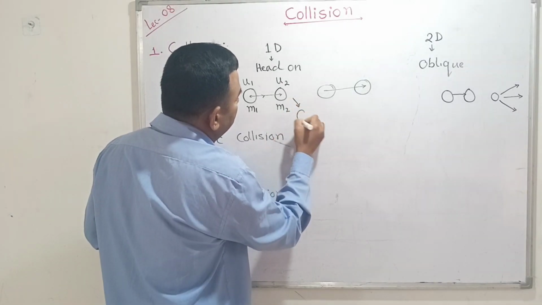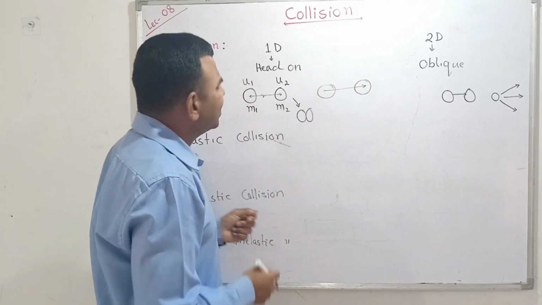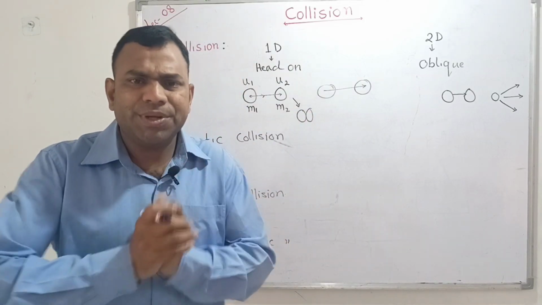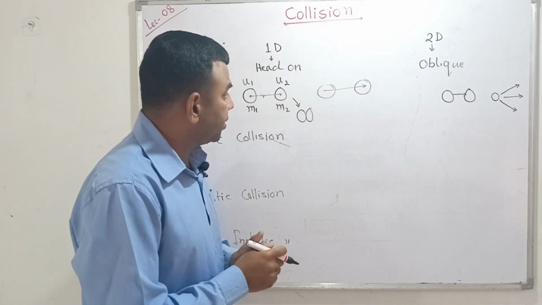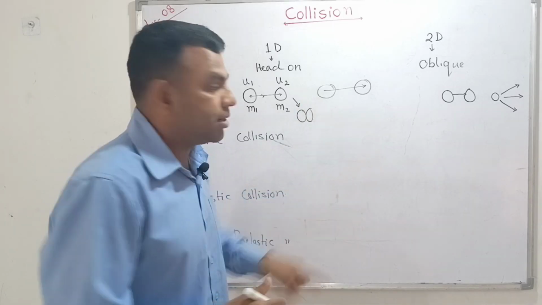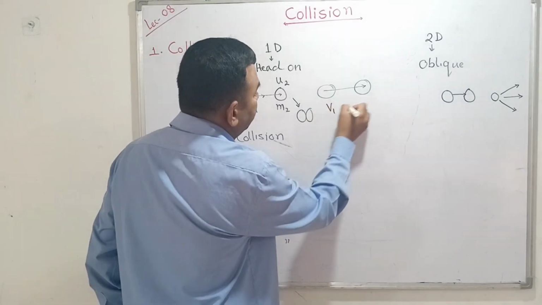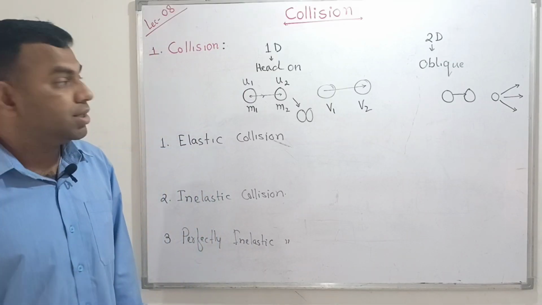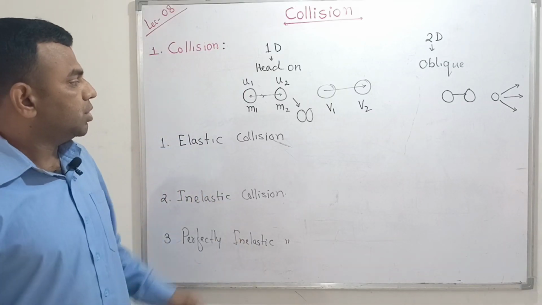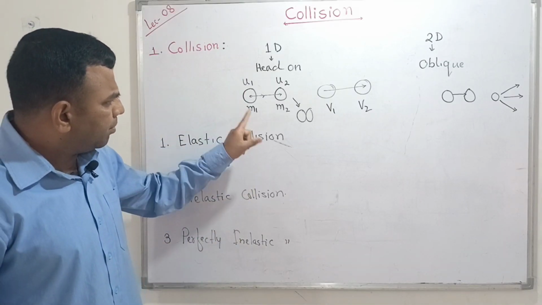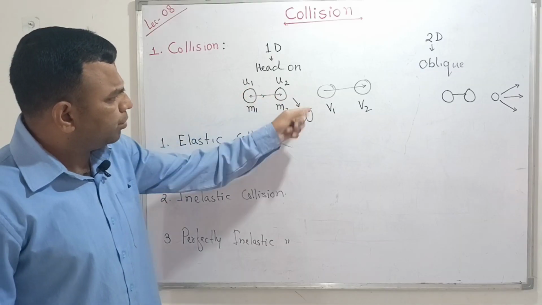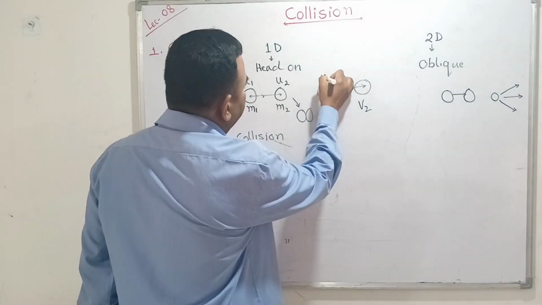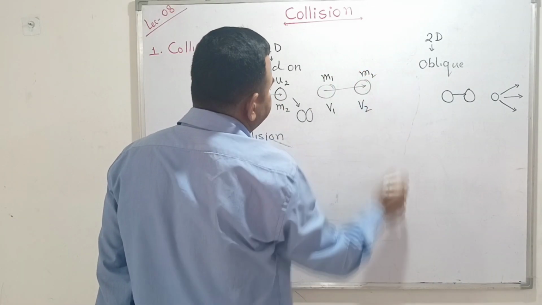Here collision will happen. In the collision there may be deformation, and after the deformation they will again separate, with final velocities v1 and v2. In the case of separation, v2 will be greater than v1, then they will separate. The masses m1 and m2 remain the same because mass will not change.